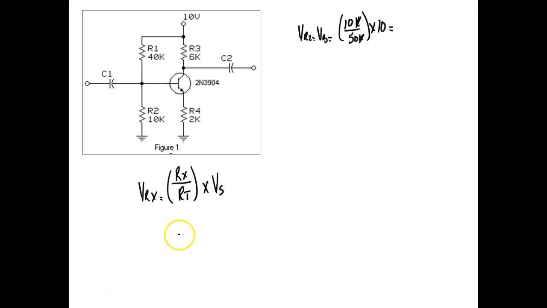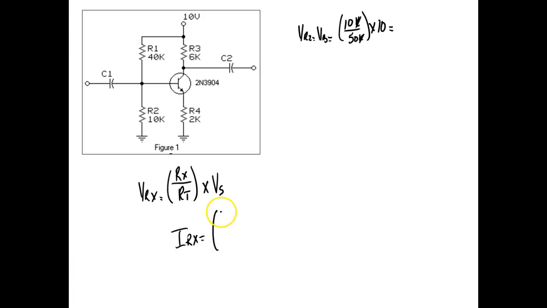The current divider formula in parallel would be, and everything swaps around, IRX would be equal to... No, I'm sorry, I'm giving it to you wrong. Don't pay attention to it.